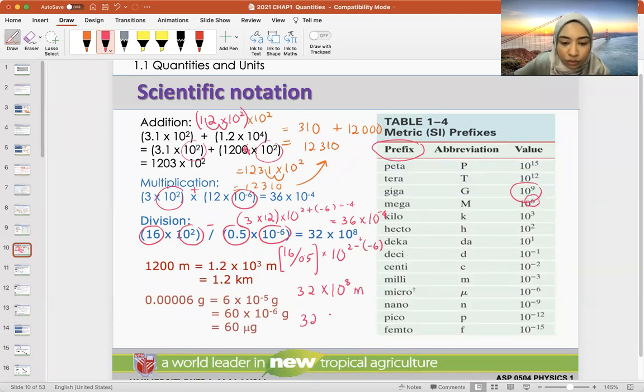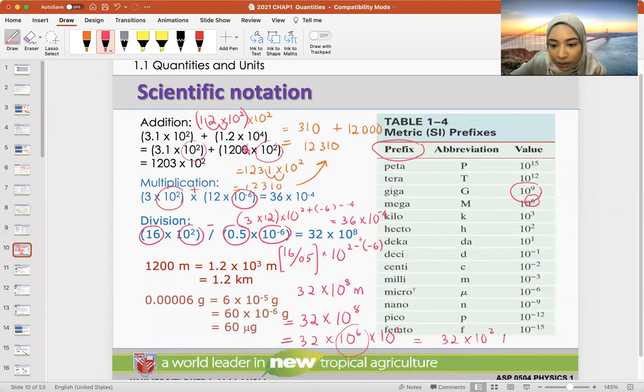So 32 times 10 to the 8. I want a 10 to the 6. So I need to break this down. 10 to the 6 times 10 to the 2. 10 to the power of 6 times 10 to the power of 2 is 10 to the 8. So this is basically equal, right? Equal. So now I have the 10 to the 6. So now it becomes 32 times 10 to the 2 mega.